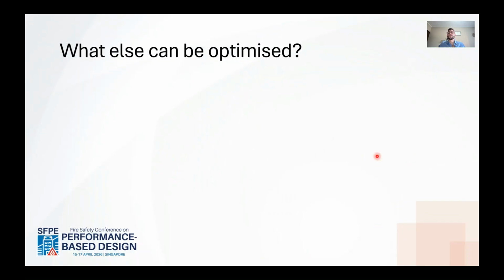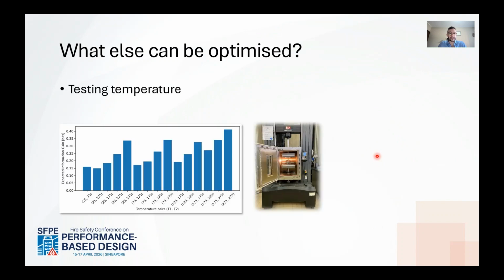Up to now, I showed you how to optimize the number of tests, but that's not the only thing we can do. We can optimize any experimental design parameter. For example, we can optimize testing temperatures. Here you see an example of a work we're doing at UGent, where we are building a model for the temperature-dependent strength of glazing.